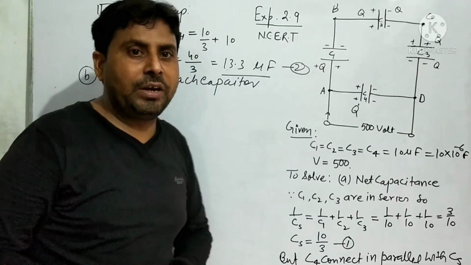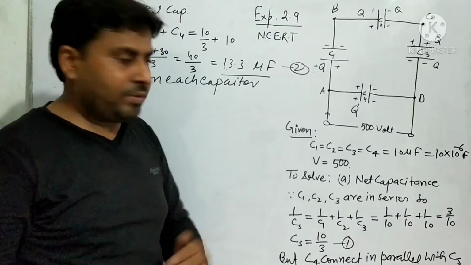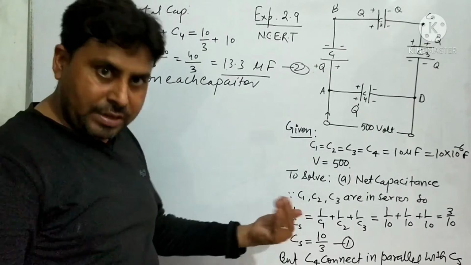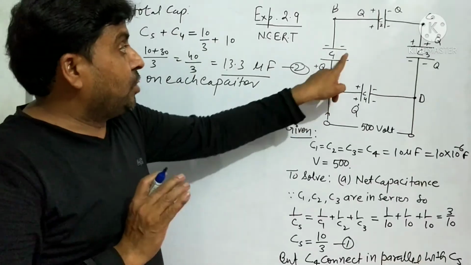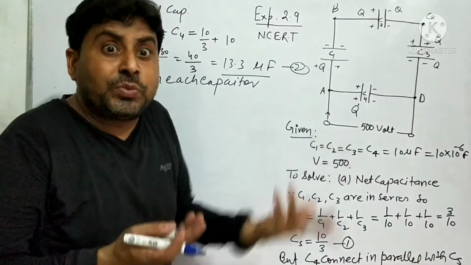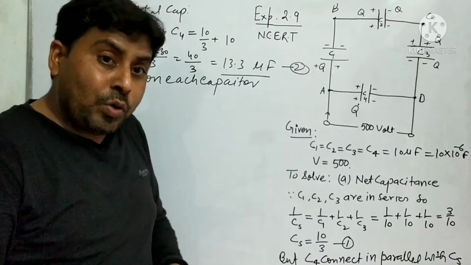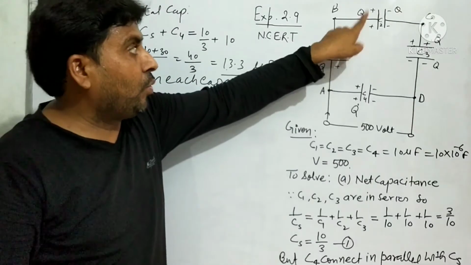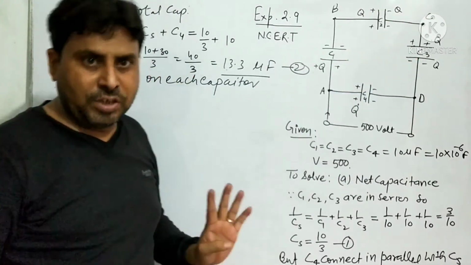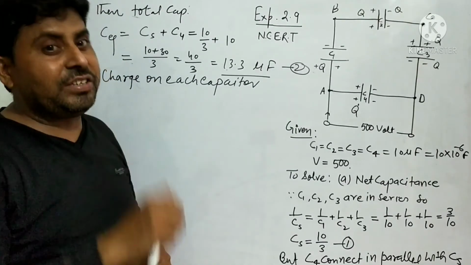So dear student, in the previous class, in back time, we have discussed that C1, C2 are in series. That's why charge remains same. If the charge Q on C1, that will remain on C2, that will remain on C3 also. Is it clear? But one condition is here.